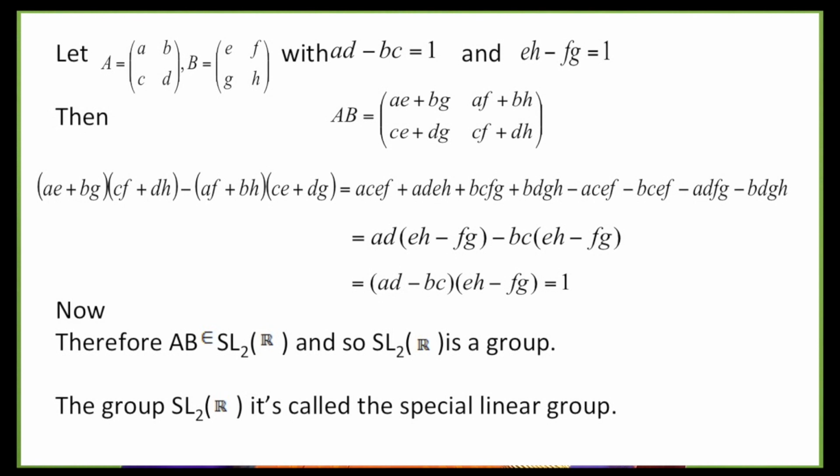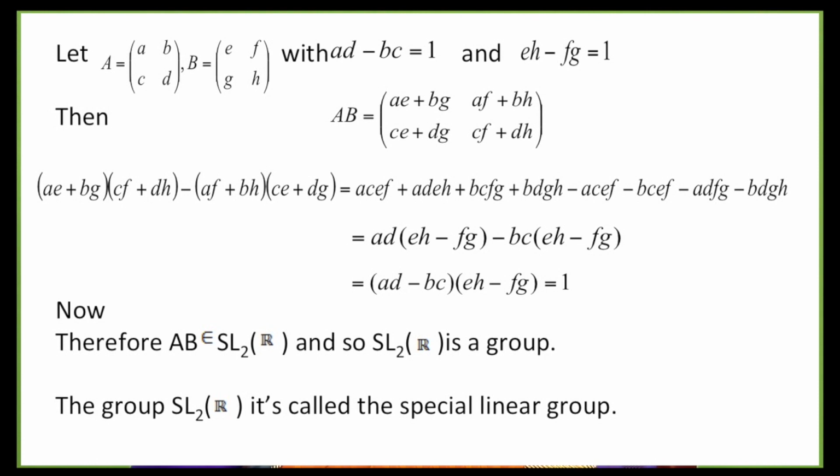Let A equal the matrix (a, b; c, d) and B equal the matrix (e, f; g, h) with ad minus bc equals 1 and eh minus fg equals 1. Then AB is the matrix (ae plus bg, af plus bh; ce plus dg, cf plus dh).